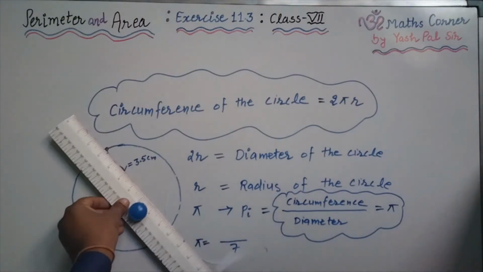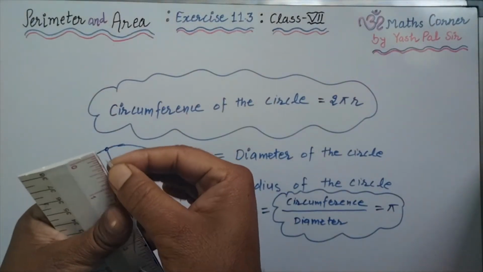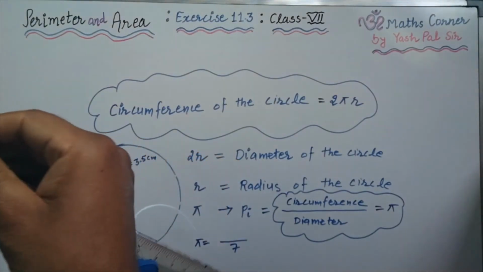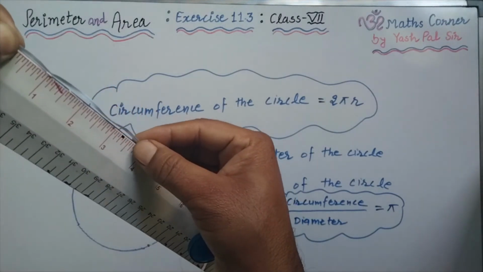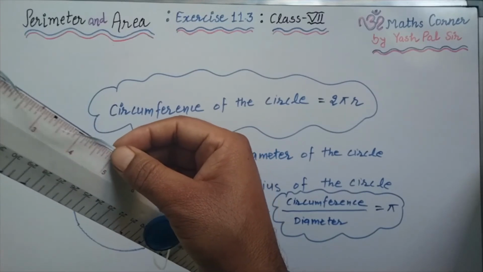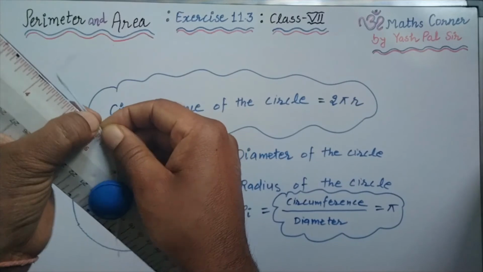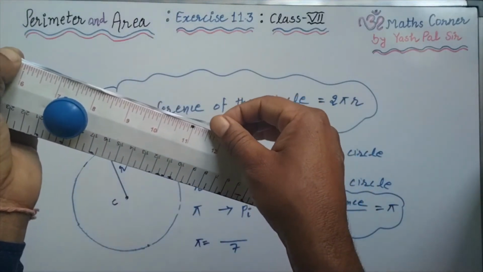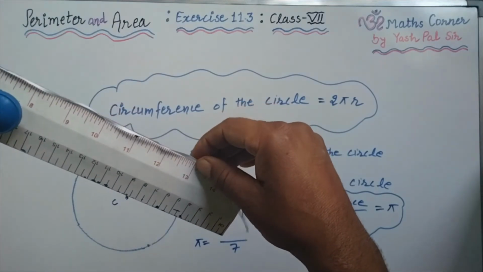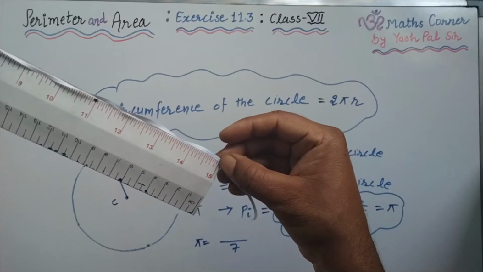I have the scale. First of all, the starting point is the same. Here I am going to measure the length of this thread. 6 centimeters. Then I am leaving this now. After this I am adding this way up to full scale.